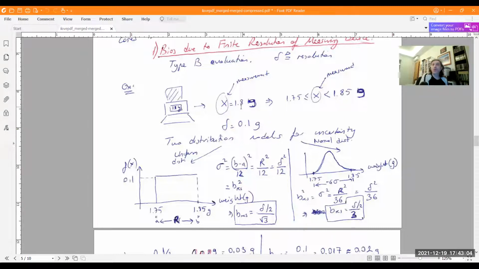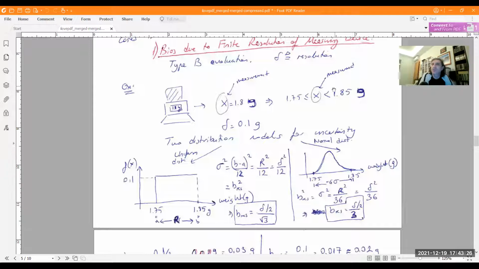So one figure after the decimal point in terms of grams. Now note that if you call X the measurement, the measurand, practically it is going to be between 1.75 and 1.85 grams.